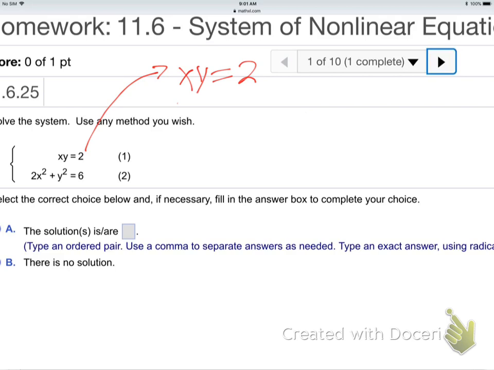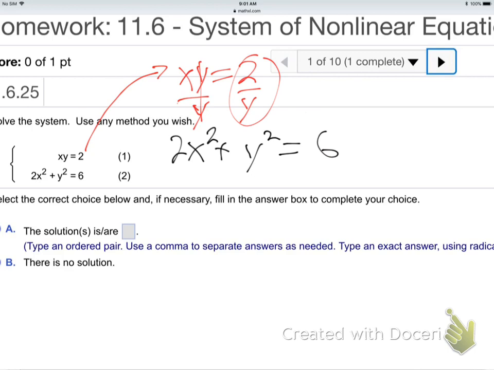Or y. You can do y. It doesn't really matter. So I'll just divide by y, let's say. So x is 2 over y. And then I'm going to plug that into the other equation. You always plug one equation into the other, right? Substitution method.